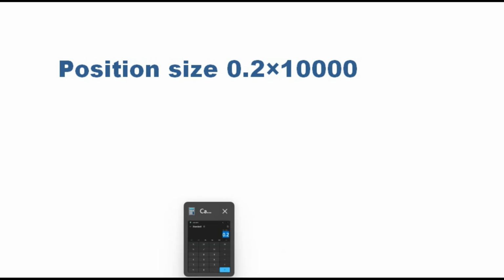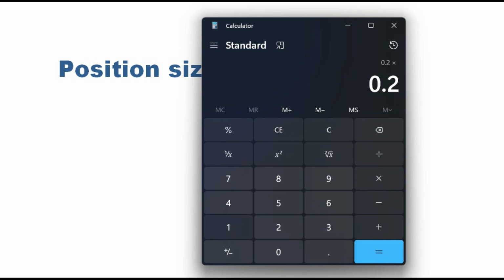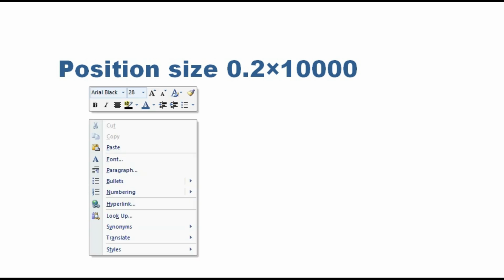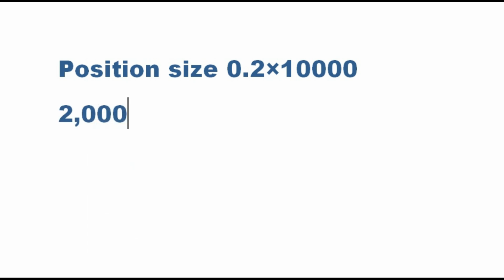To get the position size, we multiply the pip value times the known units, which is 10,000. Multiplying 0.2 times 10,000 on the calculator, we get 2,000. 2,000 implies 2 micro lots.